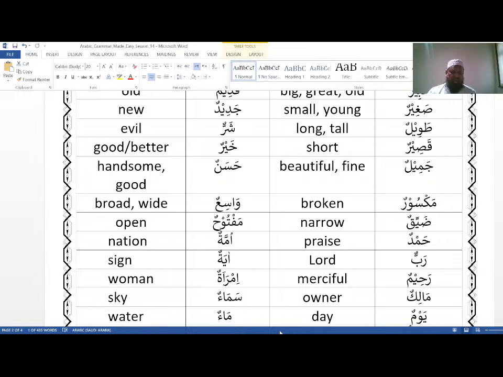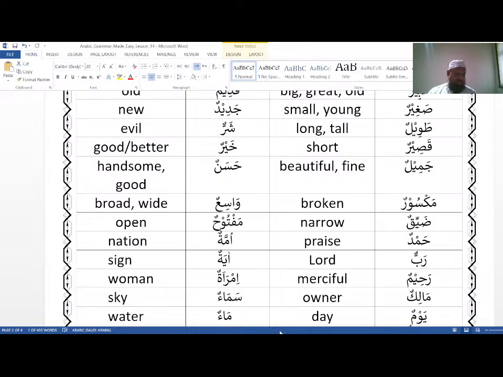What about ma'un, water, mudhakkar or muannas? Do you see any signs of muannas? Ta marbuta? No. Alif maksura? No. Alif mamduda?